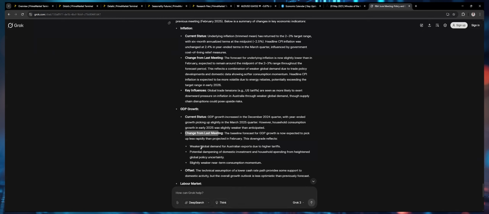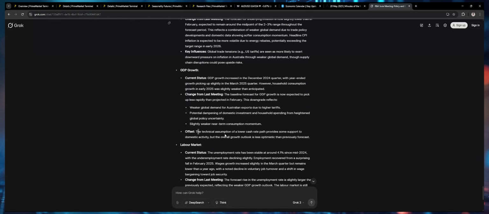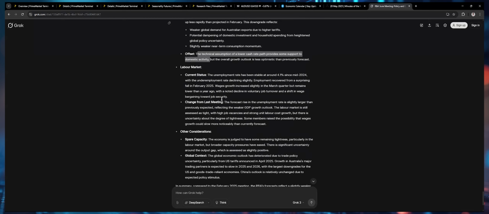This downgrade reflects weaker global demand for Australian exports due to high tariffs, potential dampening of domestic investment and household spending from heightened global policy uncertainty, and slightly weaker near-term consumption momentum. The offset is basically that the technical assumption of a lower cash rate path provides some support to domestic activity, but the overall growth outlook is less optimistic than previously forecast.